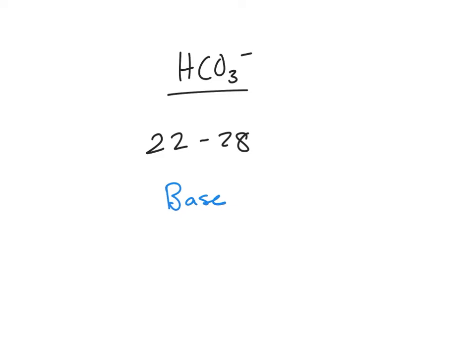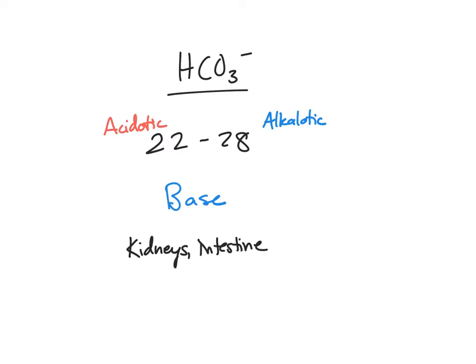So if there's too much of it, if your value is greater than 28, the body would be alkalotic. On the other hand, if there's not enough of it, the body will be acidotic. Again, remember that this bicarbonate level is controlled mainly by the kidneys and the intestines. So we call this our metabolic indicator.